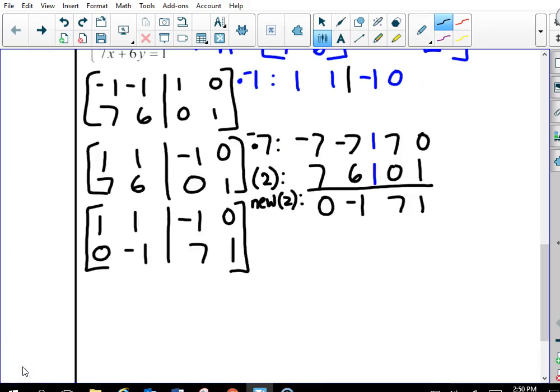Okay, so on the left-hand side, I have the new row 2 replaced, and what I need in row 1, column 2 is a 0. If I combine row 1 with row 2, I will get a 0. So I'm just going to take this out. Little workspace here.